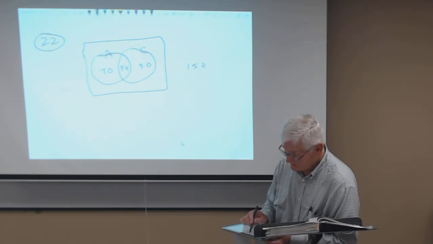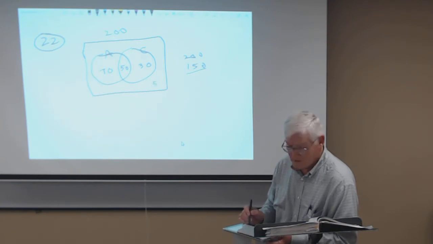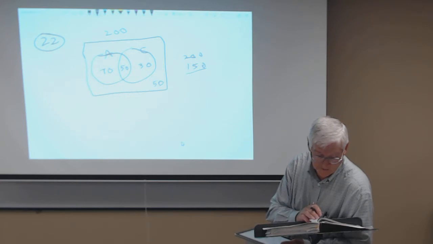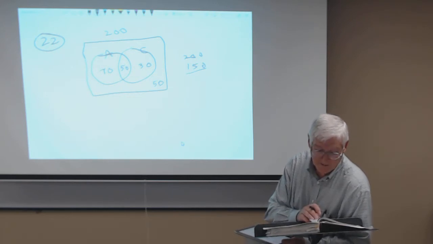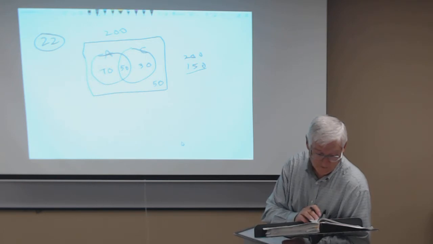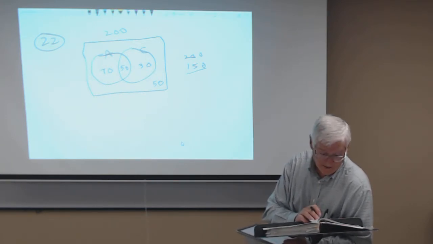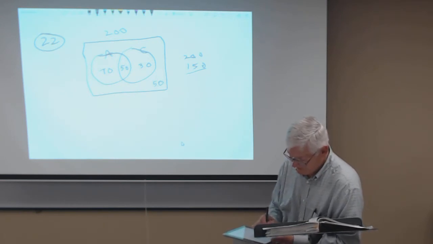If there were 200 students, then 50 go down here in the corner, don't they? Everybody follow that? Oh, I just did one of yours. No, I didn't answer the questions. I just filled out the picture. So for 24, now we're doing 24 with the picture 23 finished out. A, see what A says?